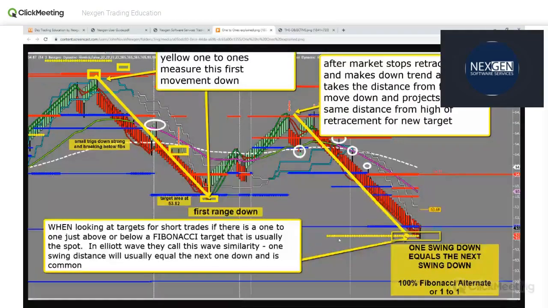The 1-to-1 dots, the yellow dots, are going to say, how far was my last downtrend? And then from the top of the beginning of the new downtrend, what's the same distance? So it's a 100% Fibonacci projection from the top of the retracement.